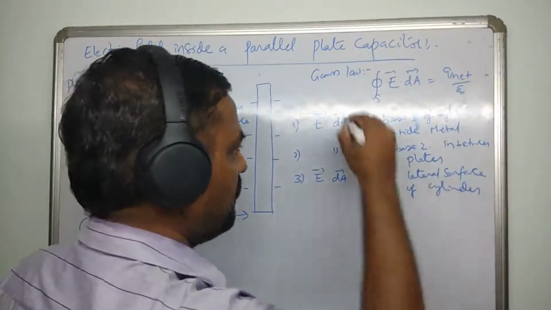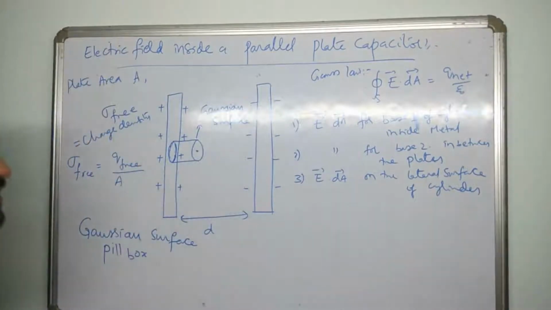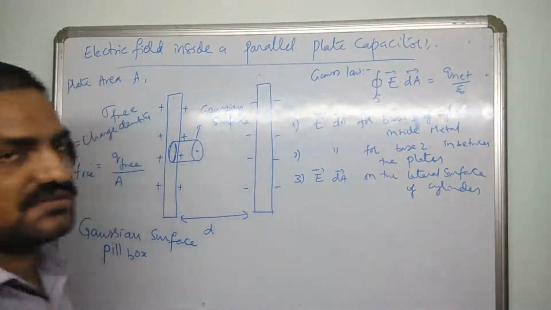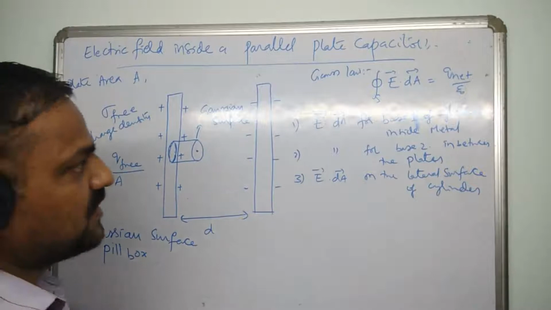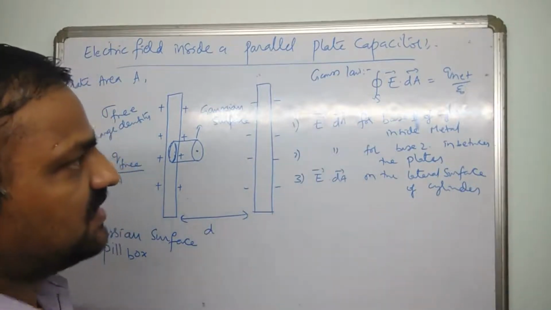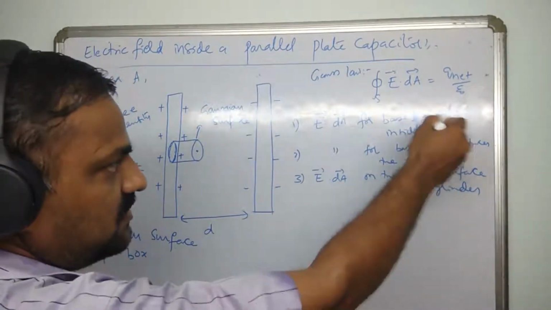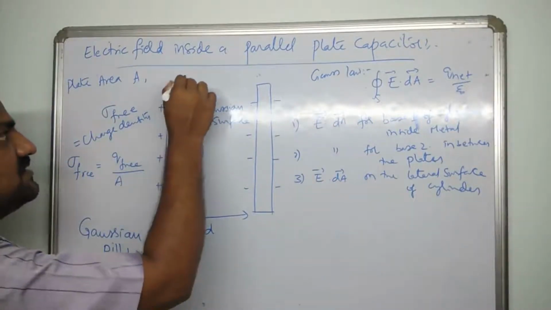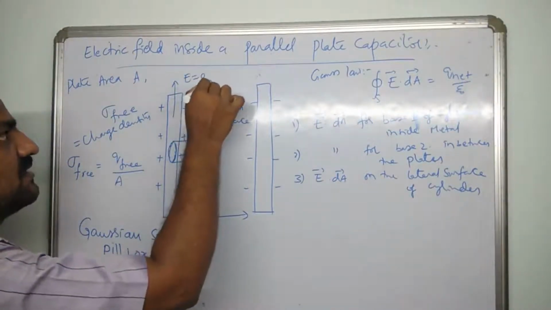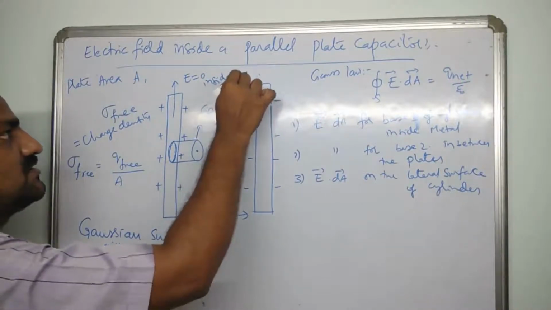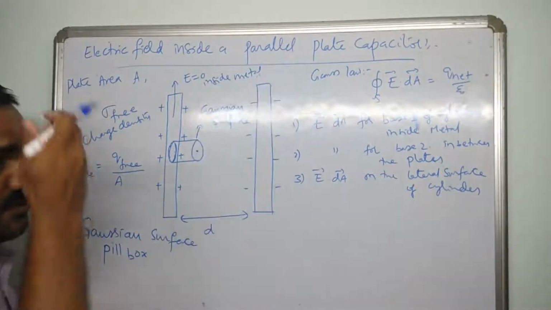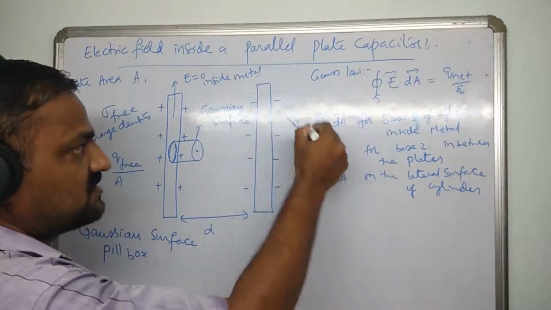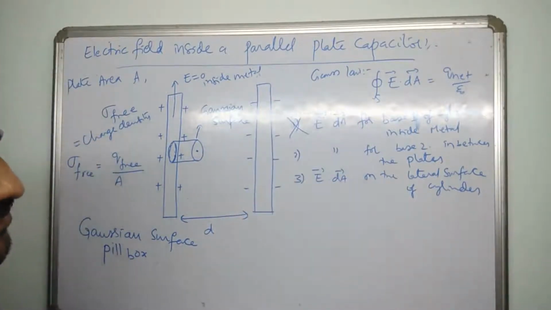If we add all three, that gives us the total electric flux, the left hand side contribution. For the base part inside the metal, as we know that inside metal E is zero, it is true always. So there is no contribution from this side, it is gone, zero.